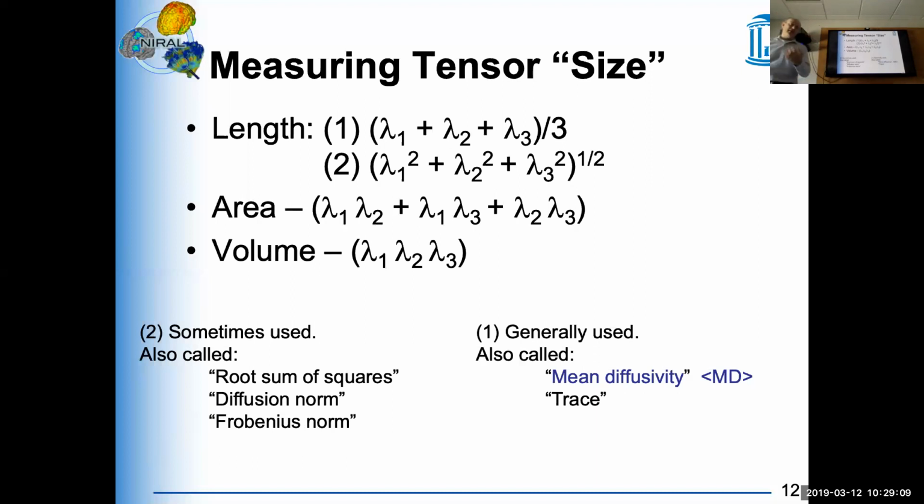So mathematically, there would be an advantage of one versus the other. That's not how the field works. Whoever claims it first gets to go, and now everybody started using this, so now we have to continue using this, which is why everybody's using mean diffusion. It's a decent measure, it's not a bad measure.